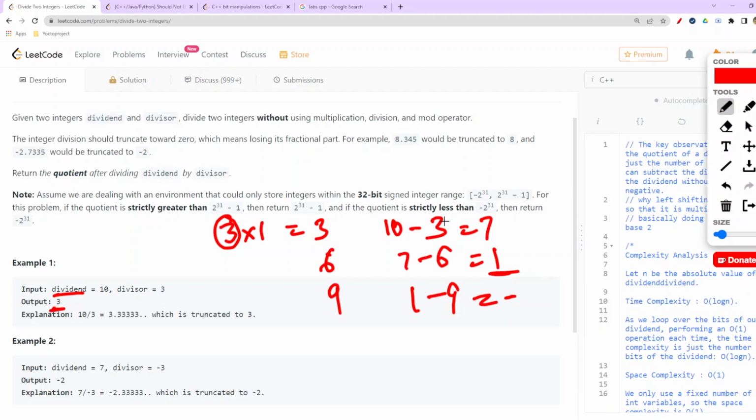So the strategy is this only, but we need to think in some other direction. Like this only we would be going ahead: 1, then 2, then 3 would be our quotient, right? Now comes the part of the negative numbers, and we'll see how we are required to handle that.